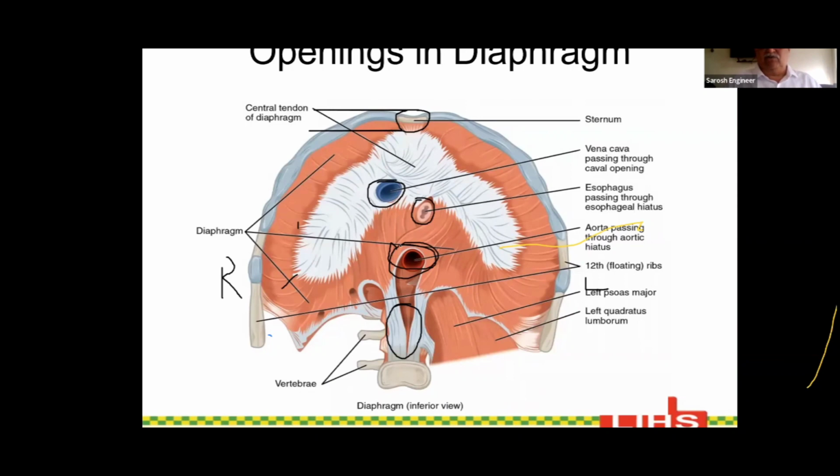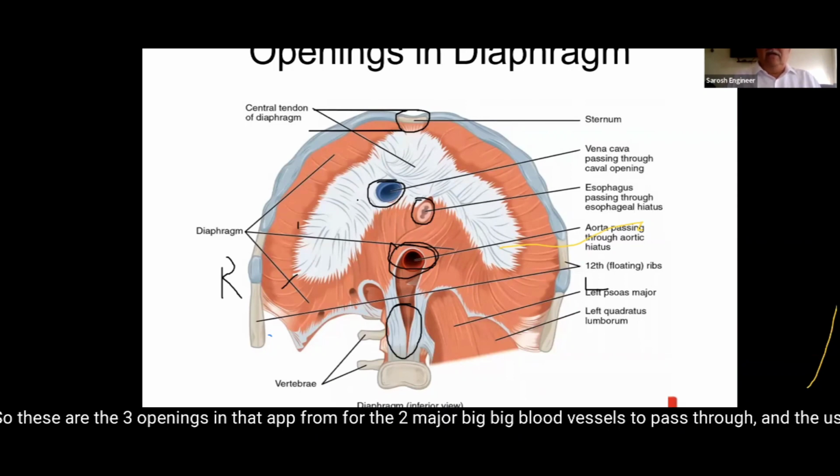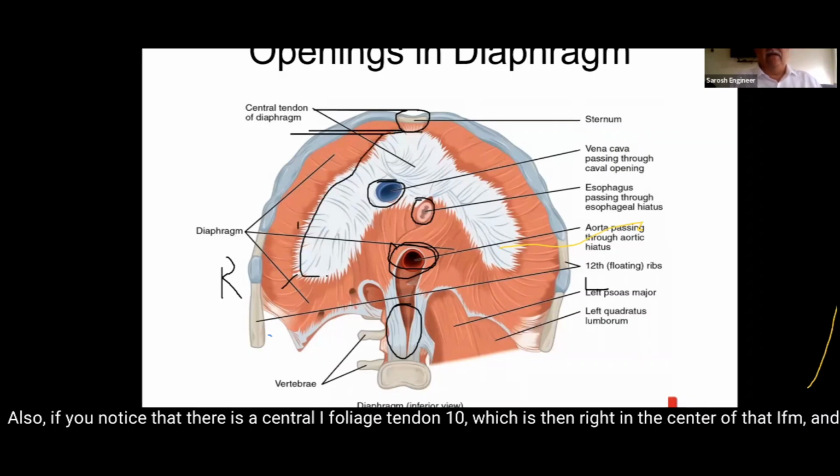And sometime later on, we'll talk about these openings. So these are the three openings in the diaphragm for the two major big blood vessels and the esophagus to pass through. Also, you'll notice that there is a central trifoliate tendon, a tendon right in the center of the diaphragm, and it is shaped like the clover in playing cards.